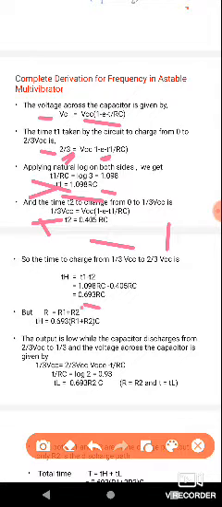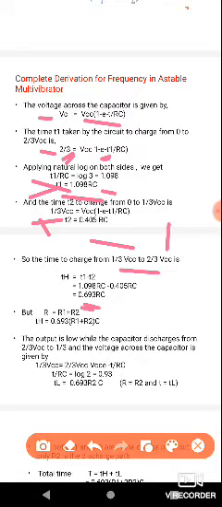Here from 0 to 2 by 3, and here from 0 to 1 by 3. In between, charging from 1 by 3 to 2 by 3, we get the time period T1 minus T2, which is 1.098 minus 0.405. That's why we are getting 0.693 RC.